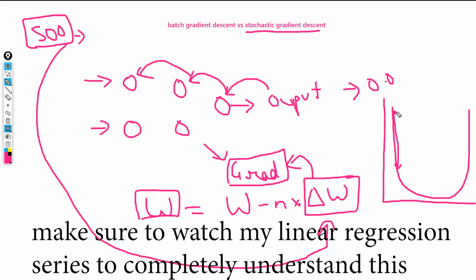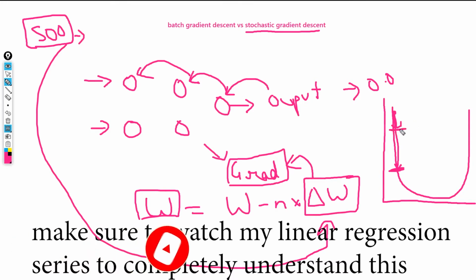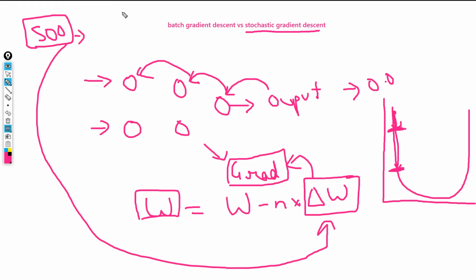If we took only one example and it came down here, according to us it is a good thing, but according to our data it is not a good thing, because if we take the average of all the examples, then our loss would come down to this point. So this is why we want to take the average of all the 500 values while updating, and this is called batch gradient descent.